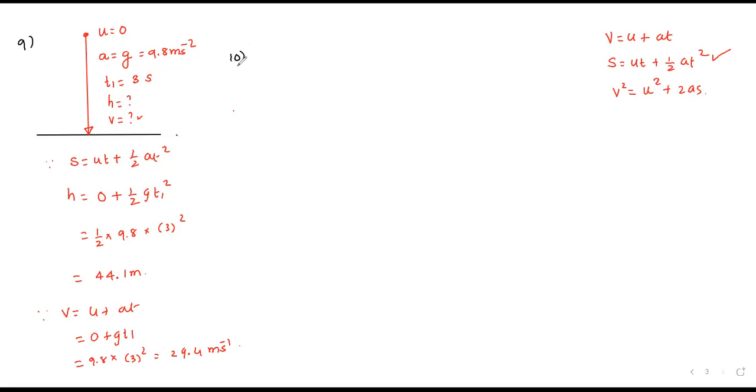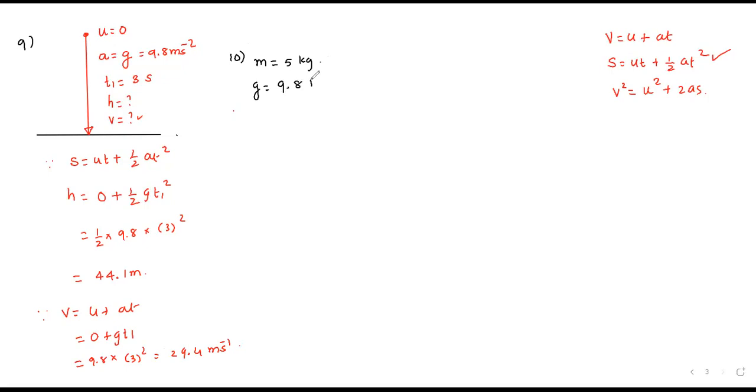Check the 10th one. What is given? What force in Newton your muscle needs to apply to hold a mass of 5 kg? Obviously, mass is given. How much is it? 5 kg. Right? Now, how much force, weight they want? G value is not given.